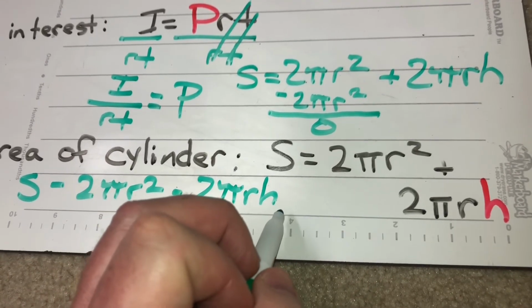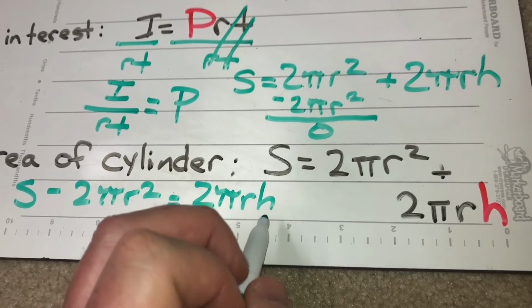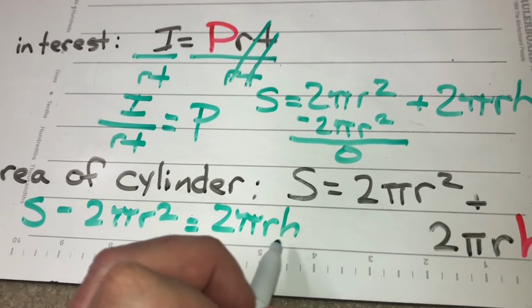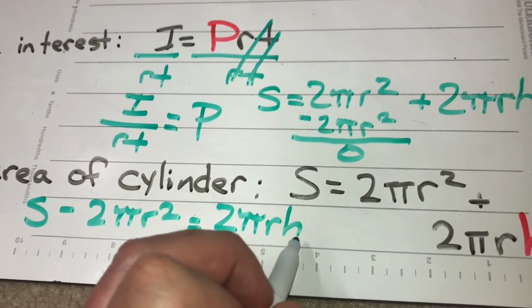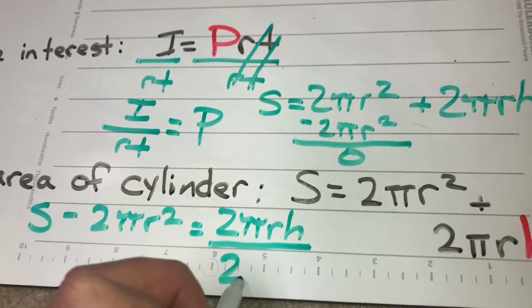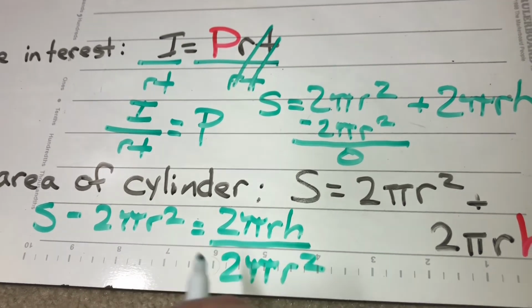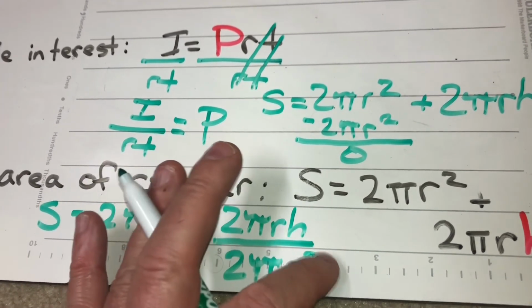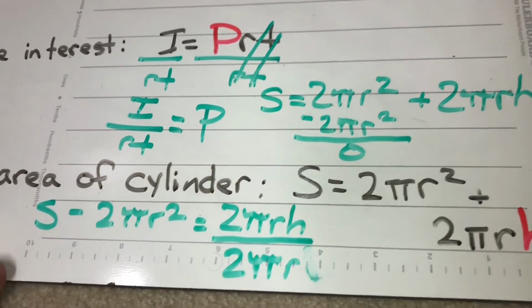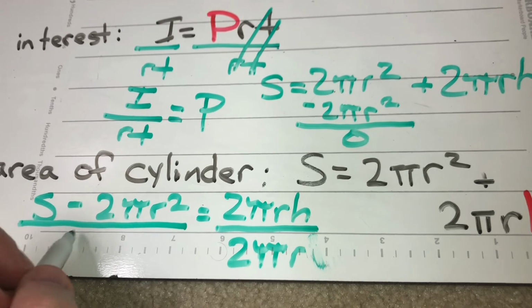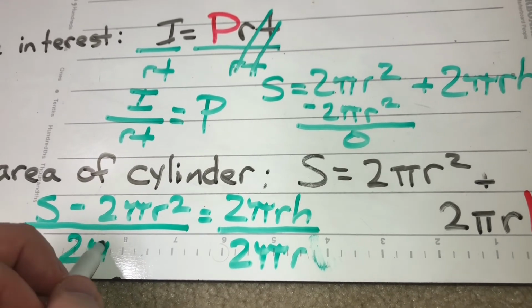So what I'm going to do here is divide this whole thing by 2 pi r, not 2 pi r squared. Let me get rid of that. Which means that I need to take this whole thing and divide it by 2 pi r.